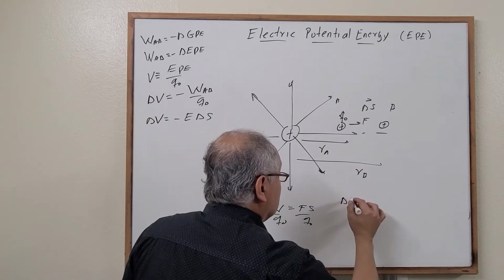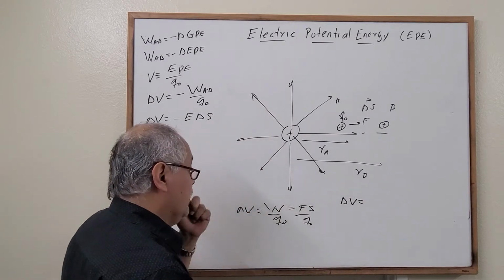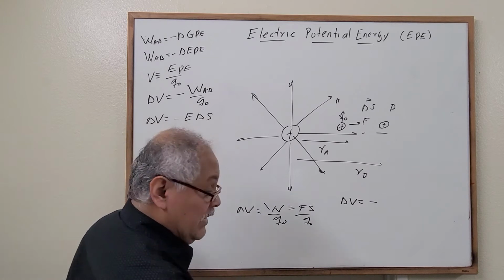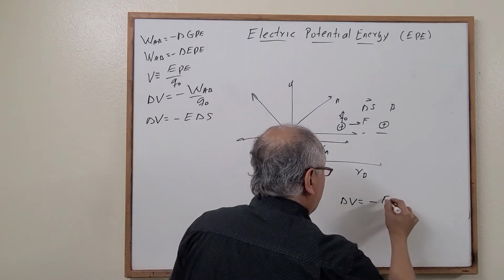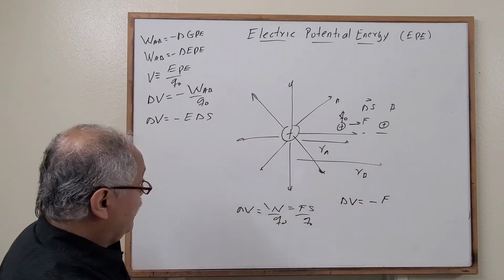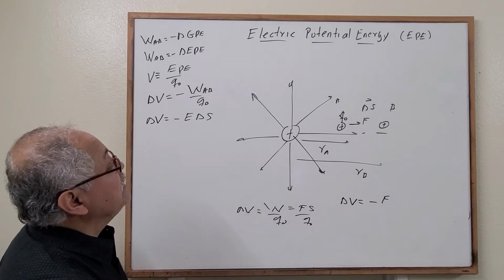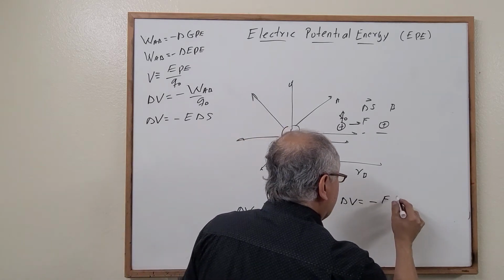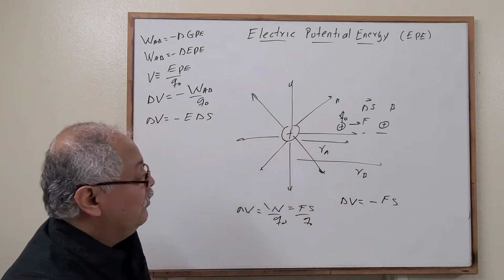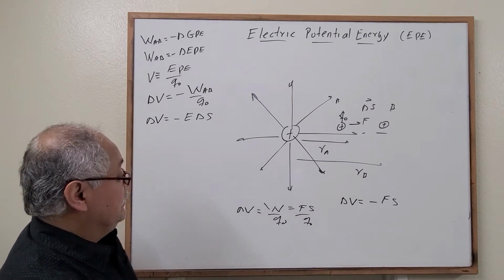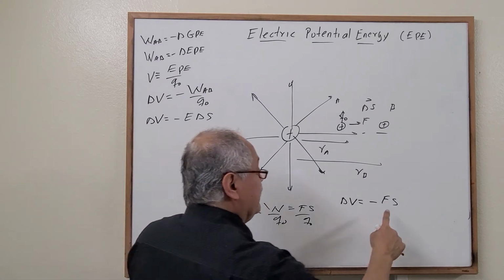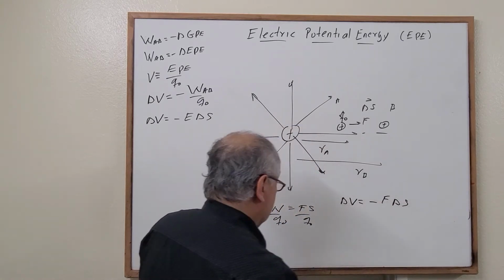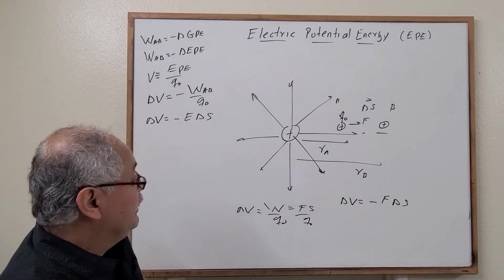So the potential difference is equal to negative the work done from A to B. But what should that work be? It equals force times delta S. We'll repeat the same steps as before, correct?